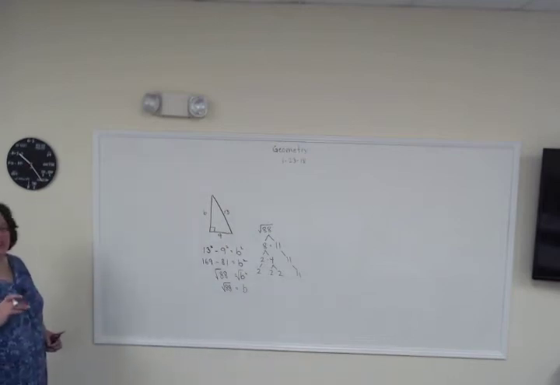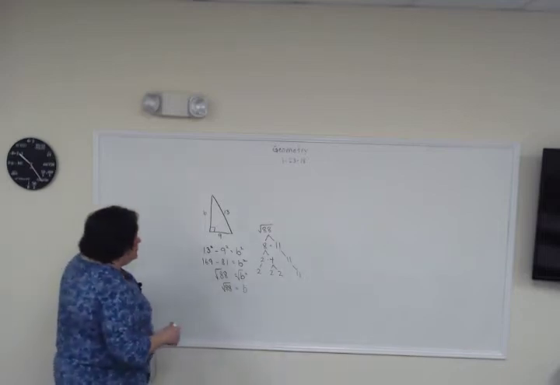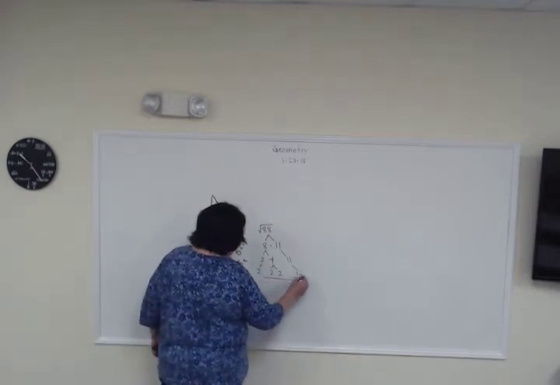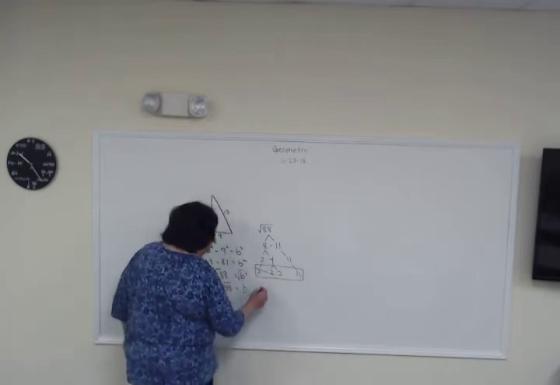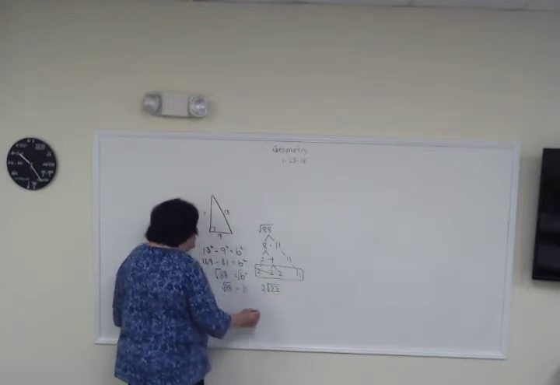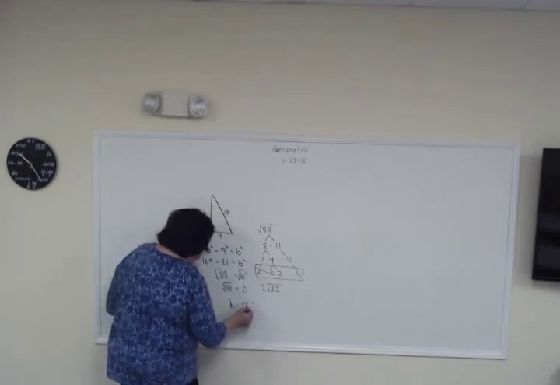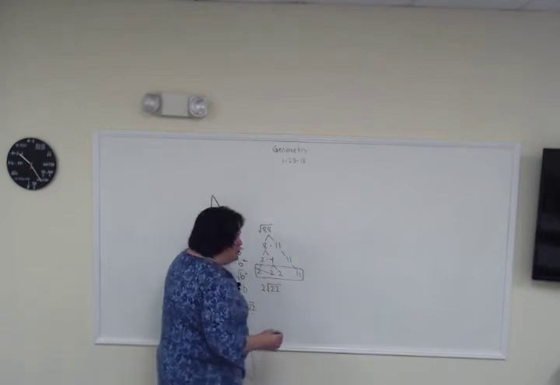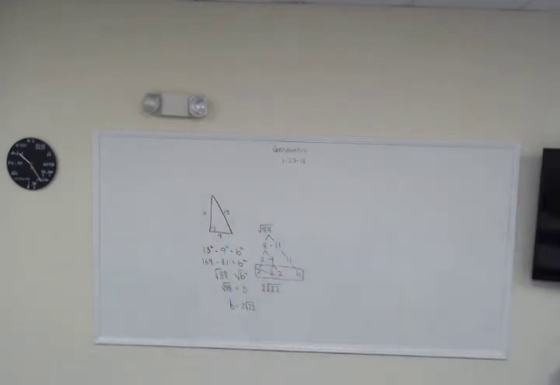I'm breaking each number down until I get to prime numbers. So here's one pair that I'm going to pull out front. There are no more pairs, so I'm going to multiply 2 times 11 is 22. So B equals 2 times the square root of 22. Very good, very good.